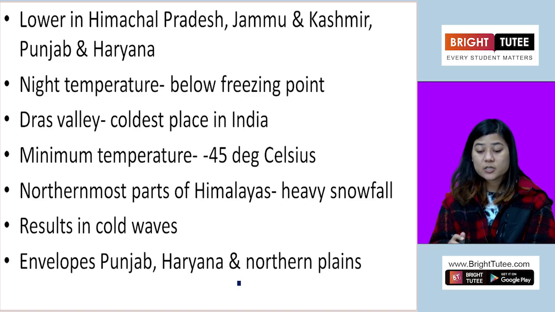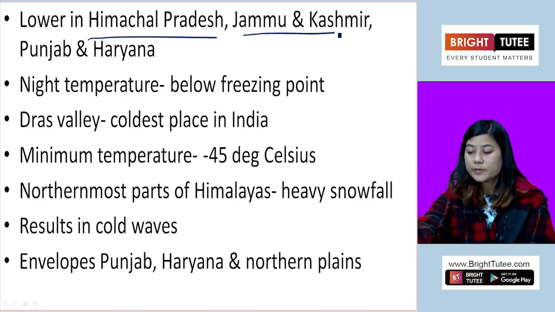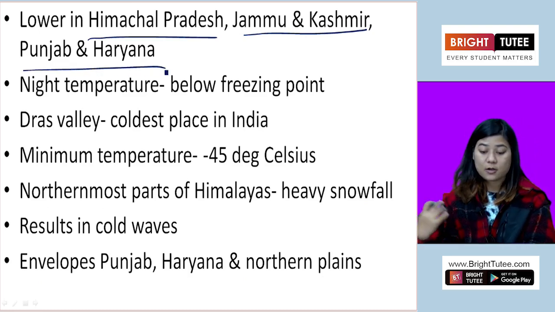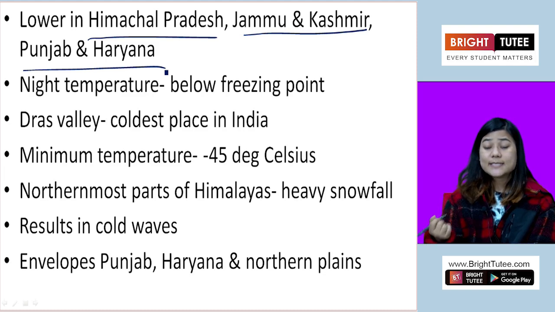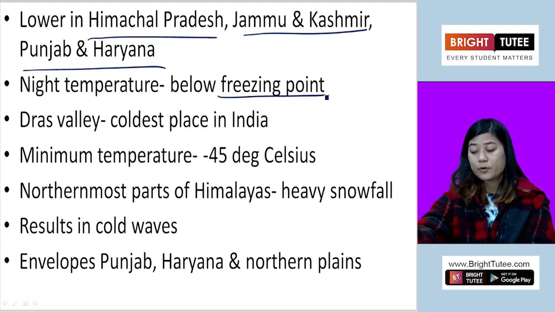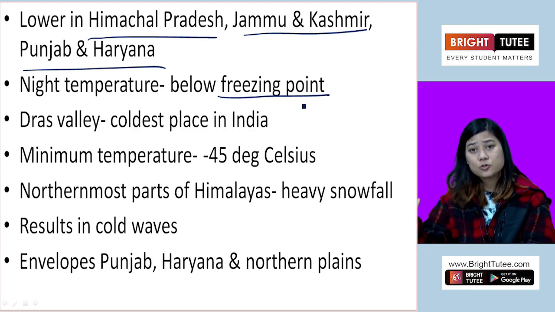The temperature is very low in the states of Himachal Pradesh, Jammu and Kashmir, Punjab and Haryana compared to other parts. Here at night the temperature falls below the freezing point, and at the freezing point we have snowfall.